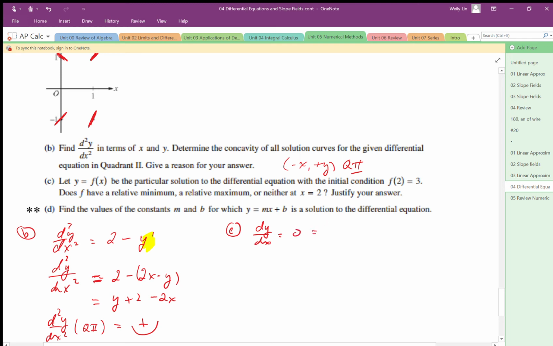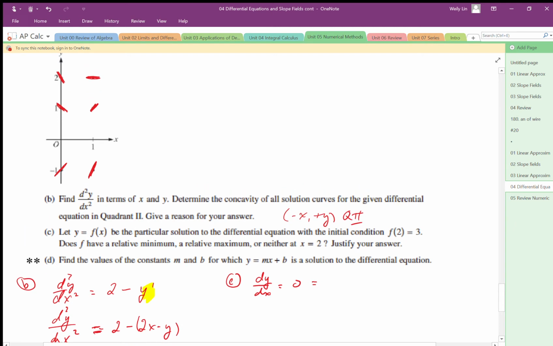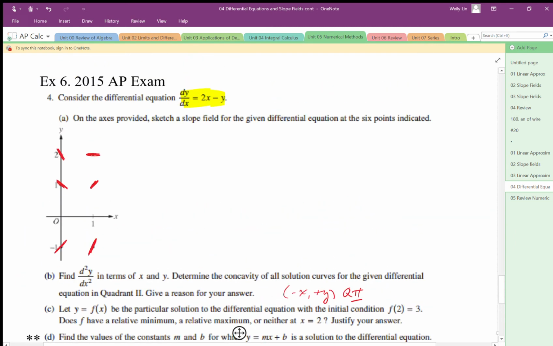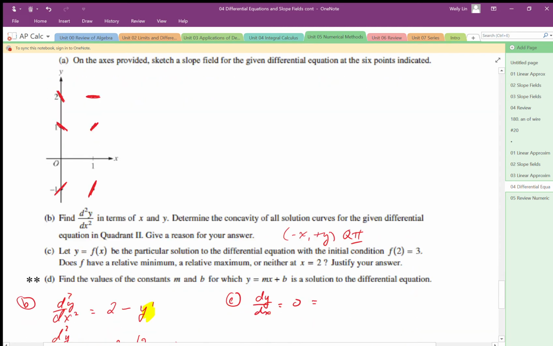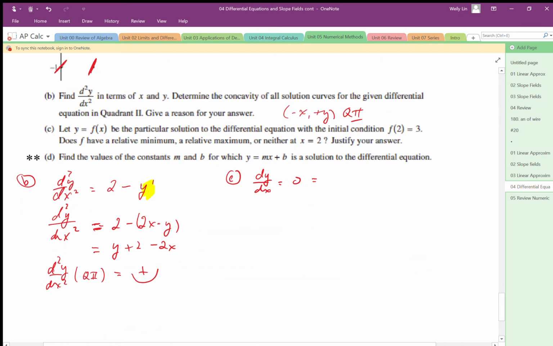Make sure you understand why we can't solve this differential equation: we cannot separate x and y. So we can't actually solve it, but we can find the derivative. The slope needs to be equal to 0 at that point.